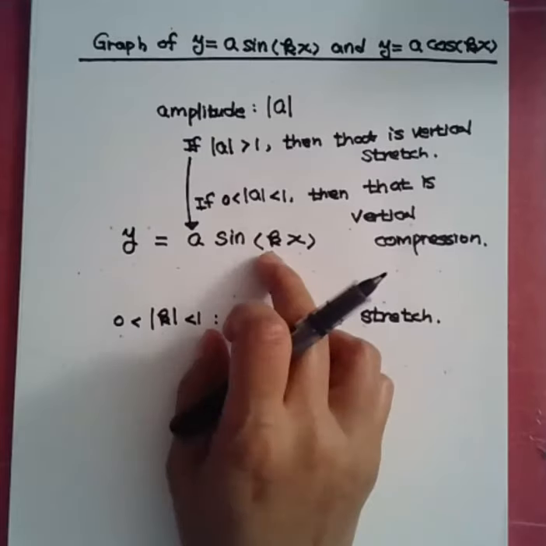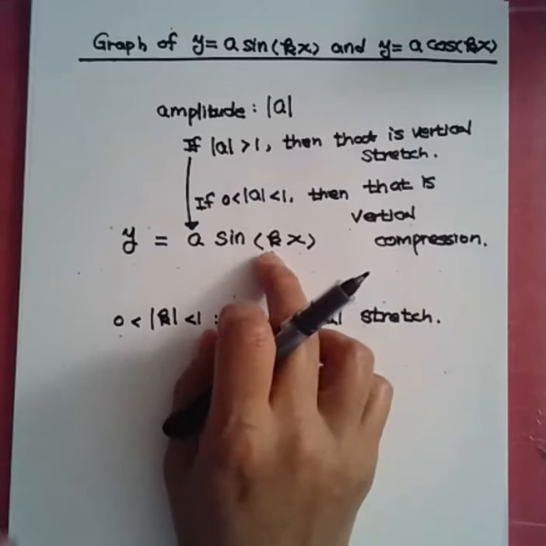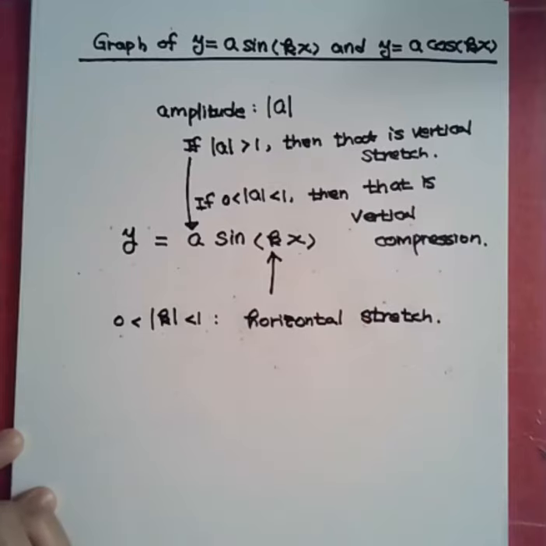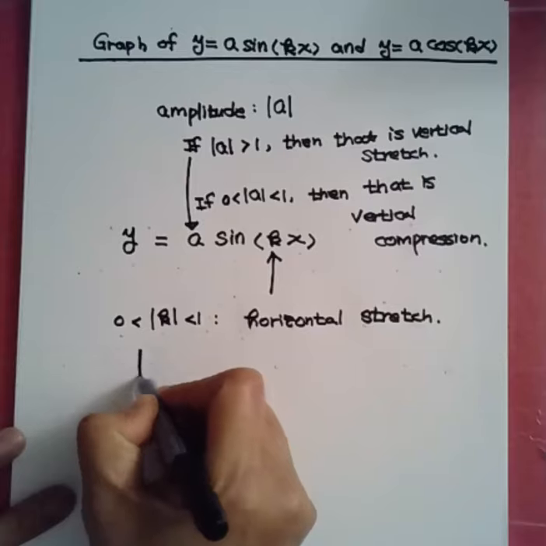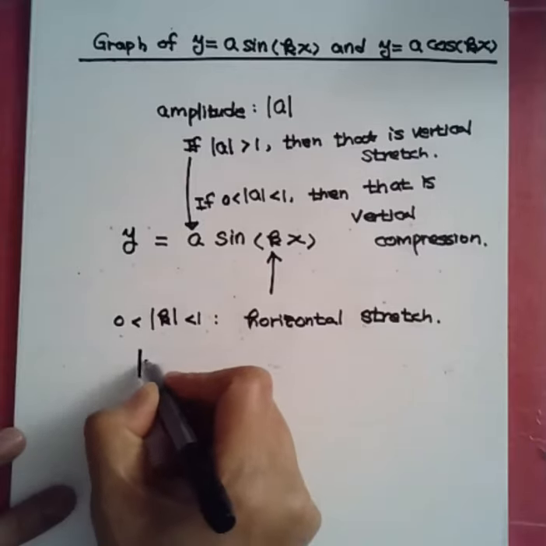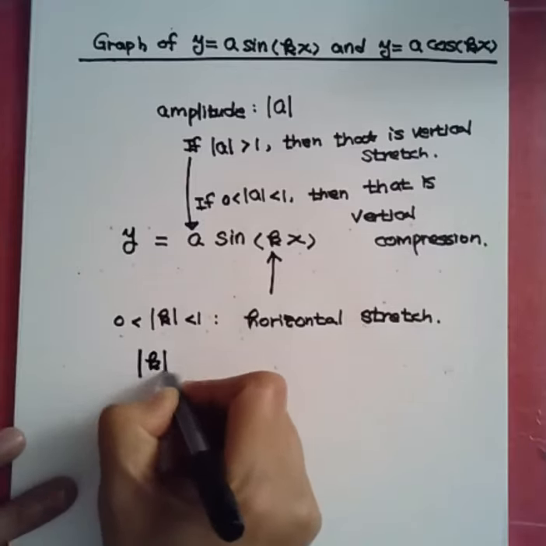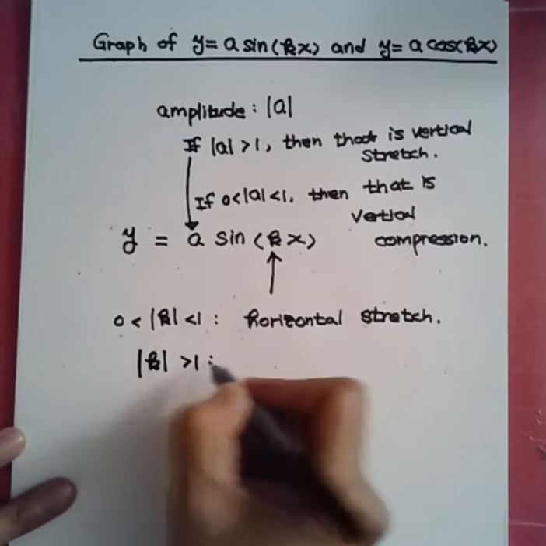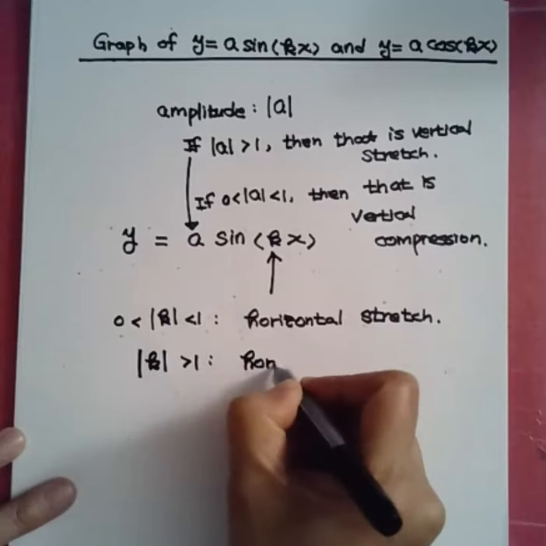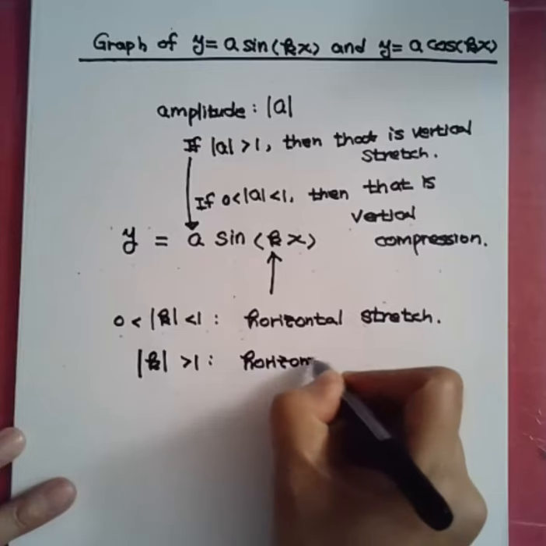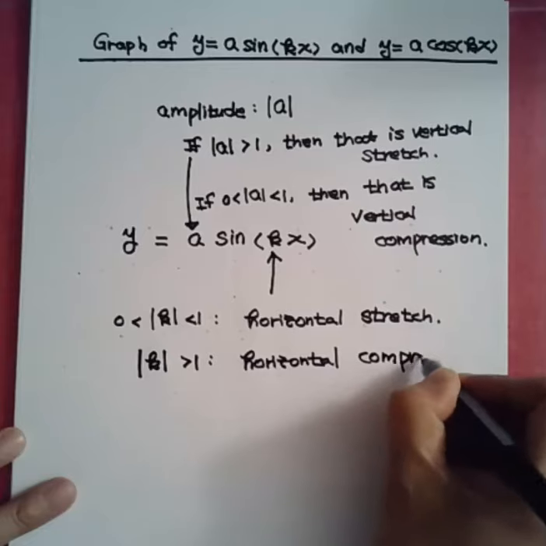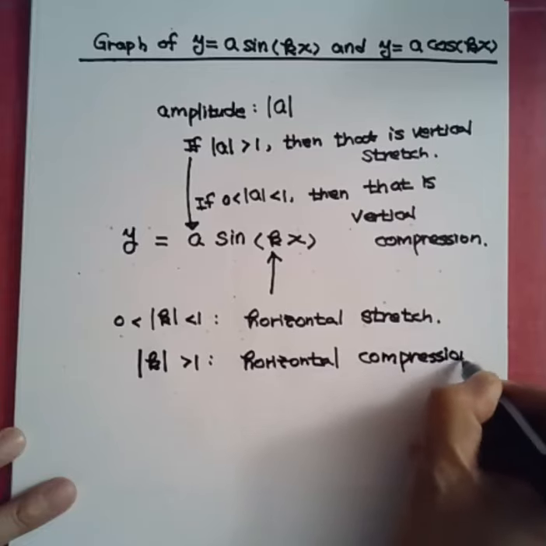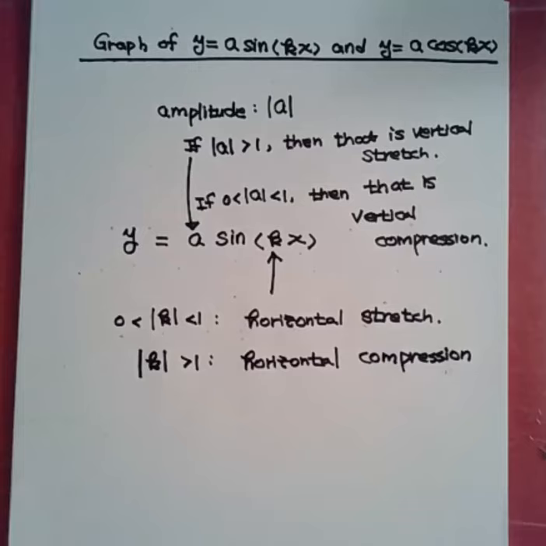If a smaller number is multiplied to x, then that is a horizontal stretch, meaning the graph varies slower. If k is greater than 1, then that means horizontal compression, meaning the graph varies faster.